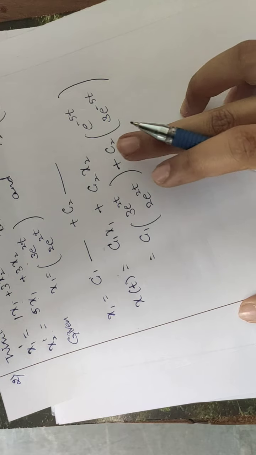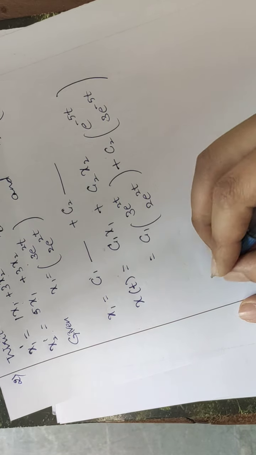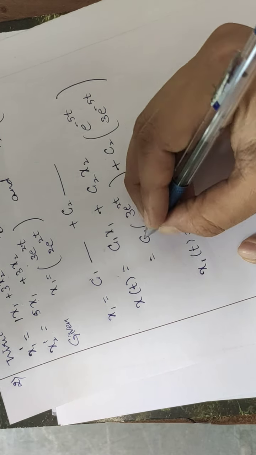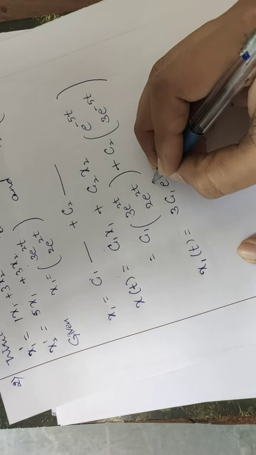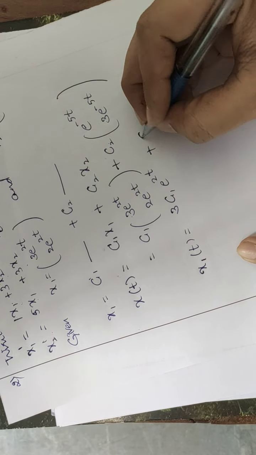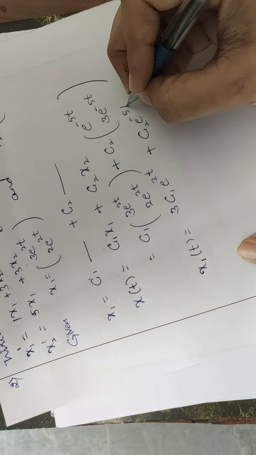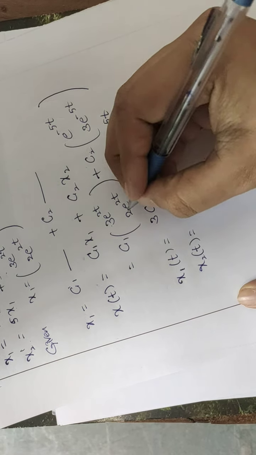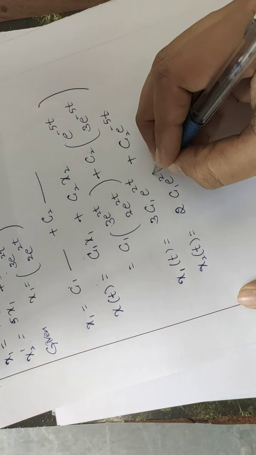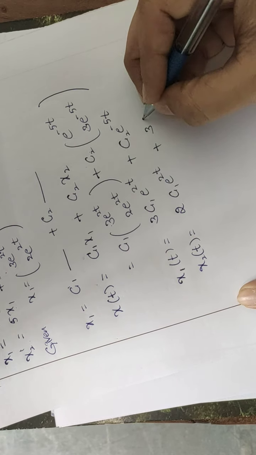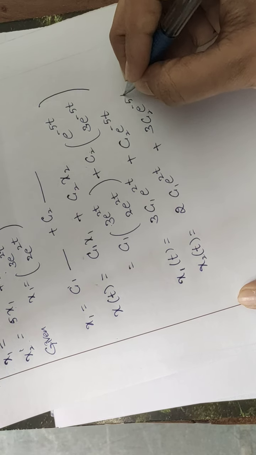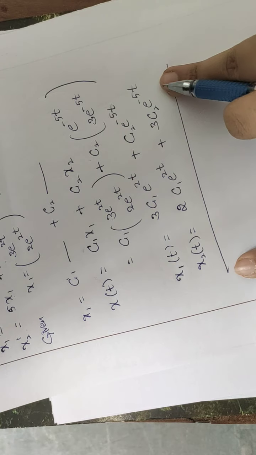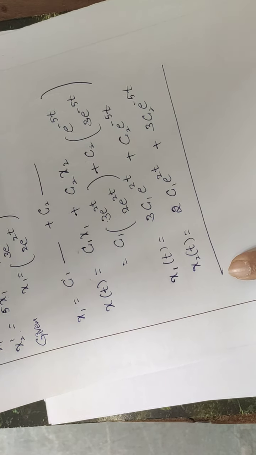Now I can write this in equation form, that is x1(t) equals 3c1 e^(2t) plus c2 e^(-5t), and x2(t) will be equal to 2c1 e^(2t) plus 3c2 e^(-5t). This is nothing but writing the solution of the first order system in linear combination form.